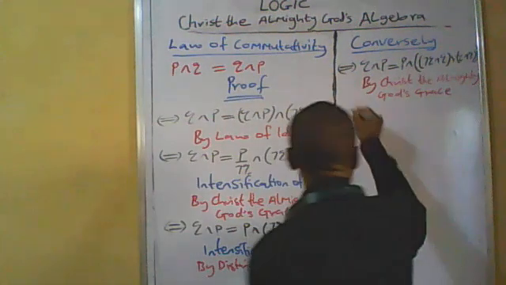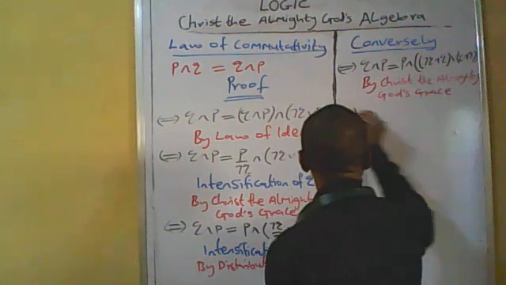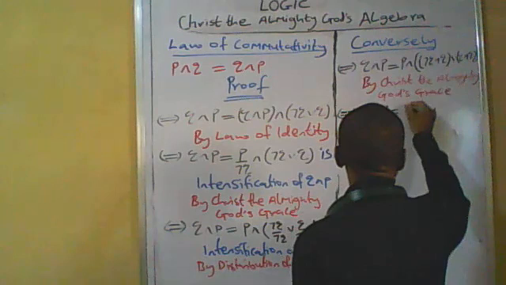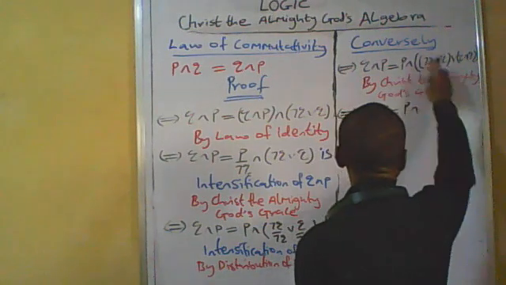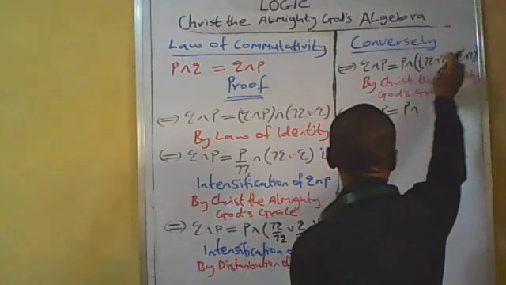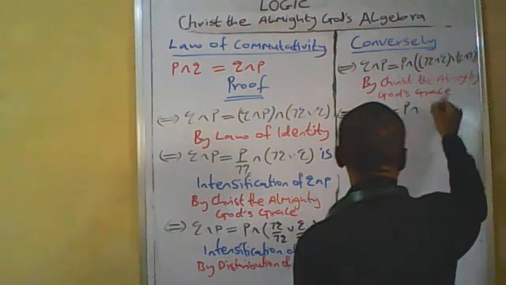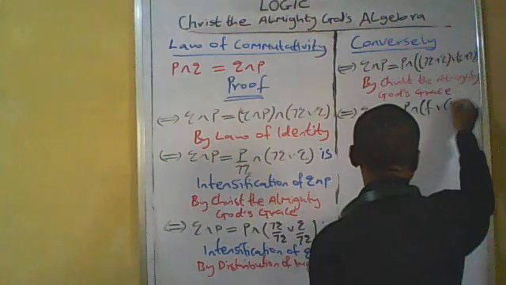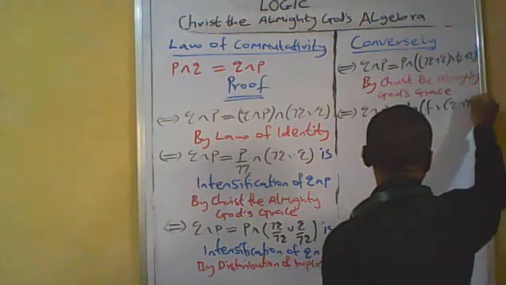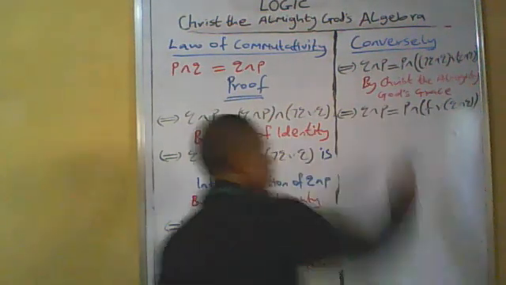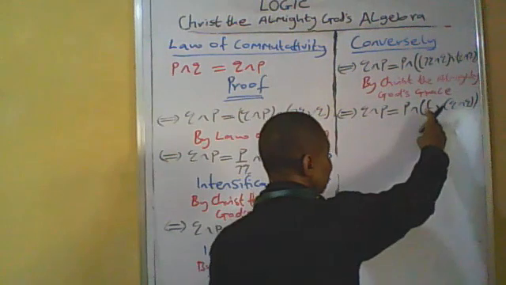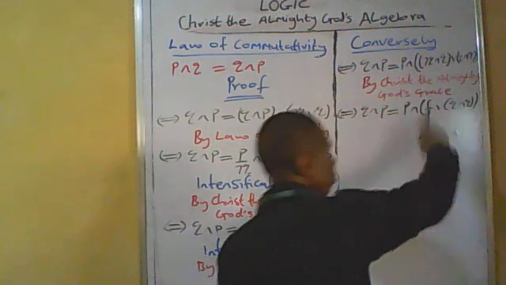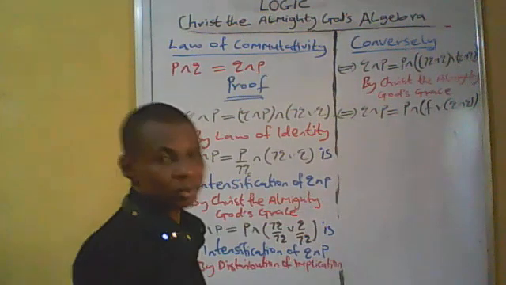So if and only if Q and P is equal to P, and this is equivalent to F or Q and Q. So this not Q and Q is being substituted with F by law of complement.